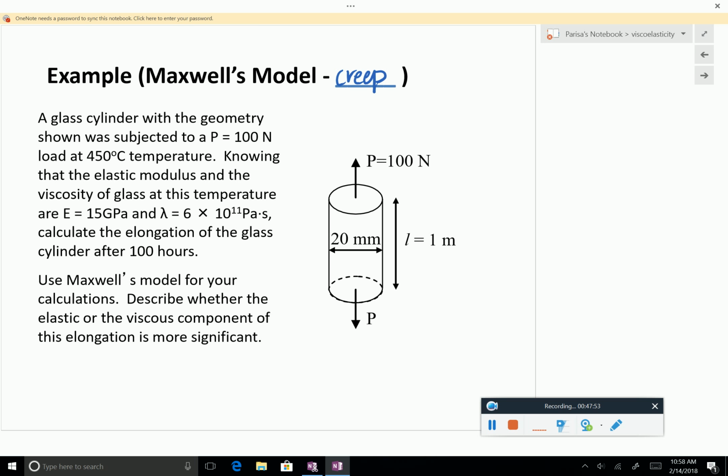And it is also asking whether the elastic deformation is more than the viscous or vice versa. We are kind of out of time, but this one, I want you to work on it before coming to class on Friday. Okay? So kind of to warm up.